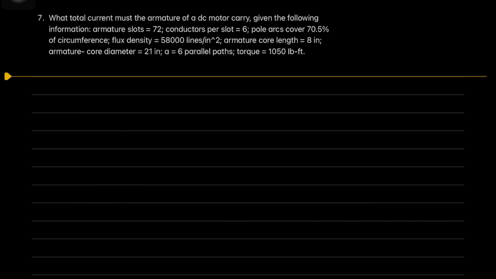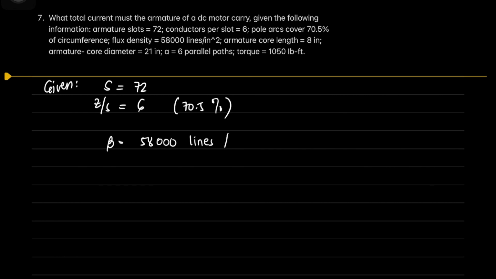So if we list down the given here, the armature slots is equal to 72. The conductors per slot is equal to 6, and the pole arcs cover 70.5% of the circumference. The flux density is equal to 58,000 lines per square inch.